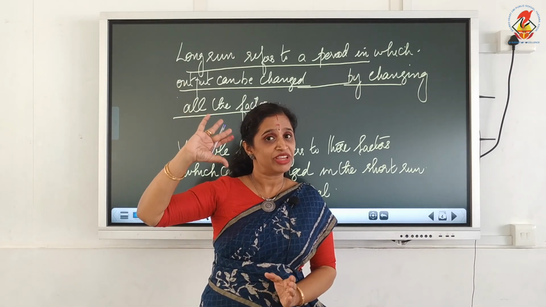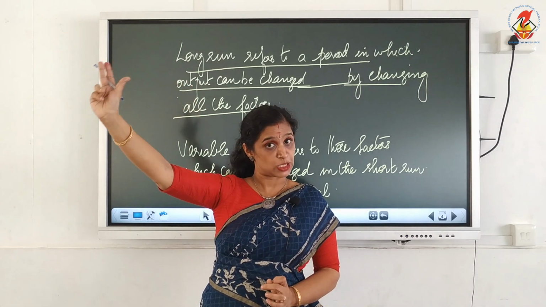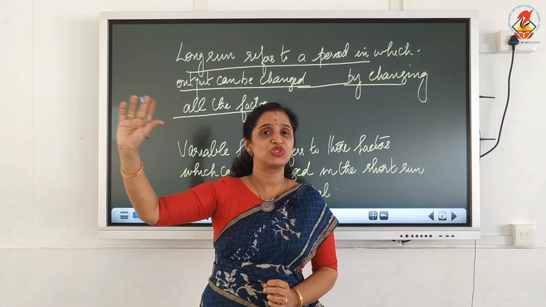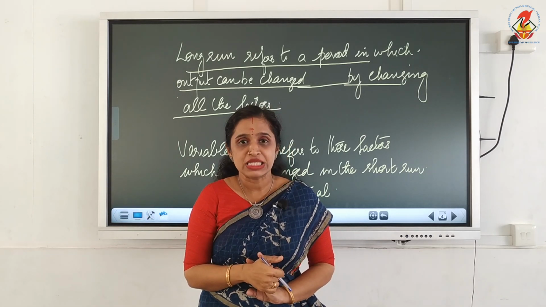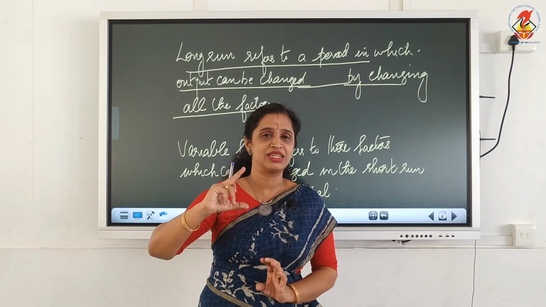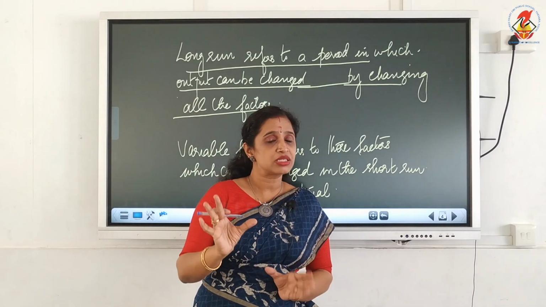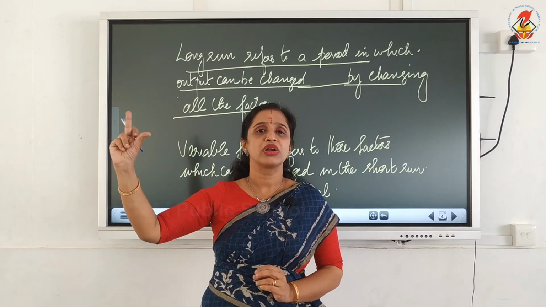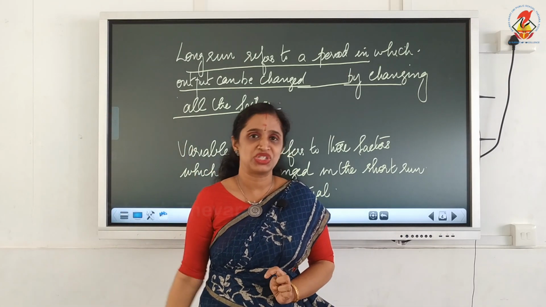In the long period of time, in the long run, when the company expands, it has to change all the factors of the production process to increase the output. That time period is known as the long run. So the short run refers to the existing time period and the long run refers to the time period where the firm passes through different stages.